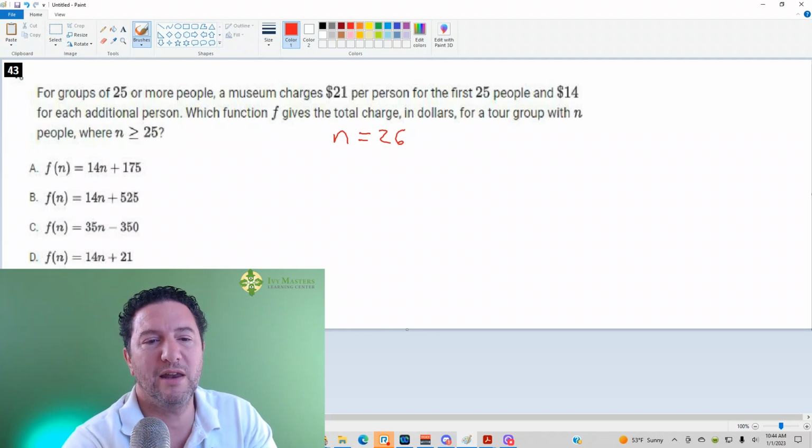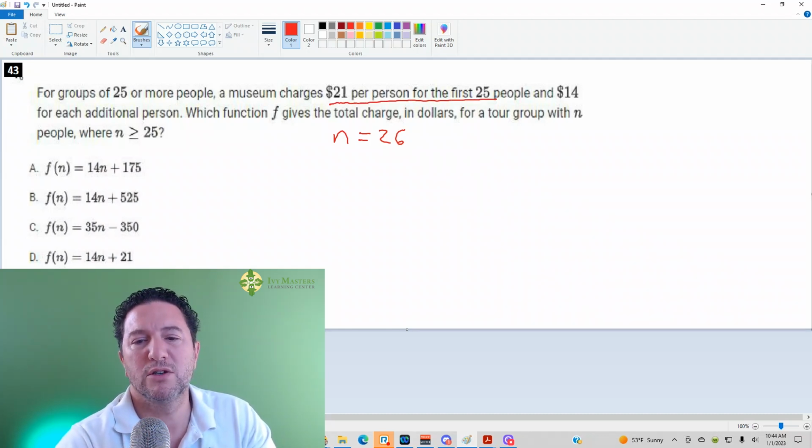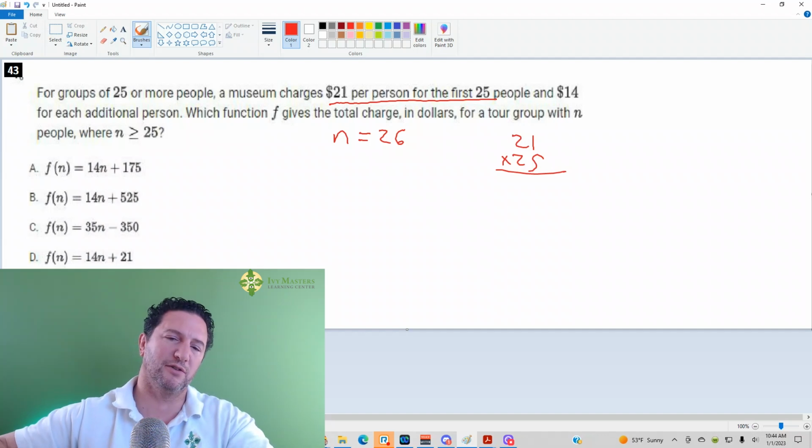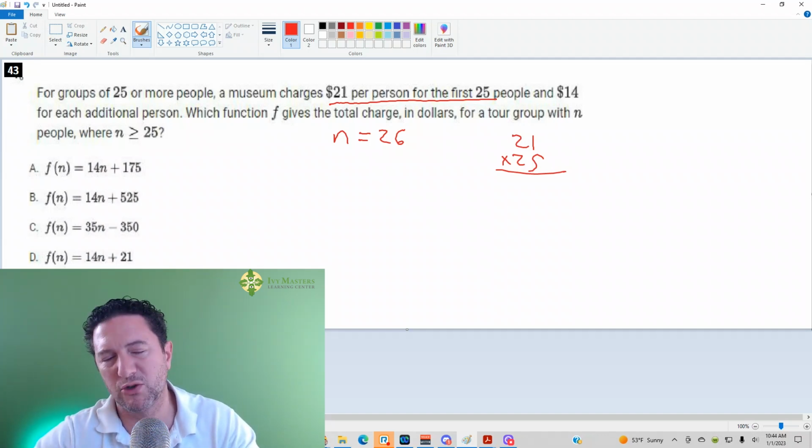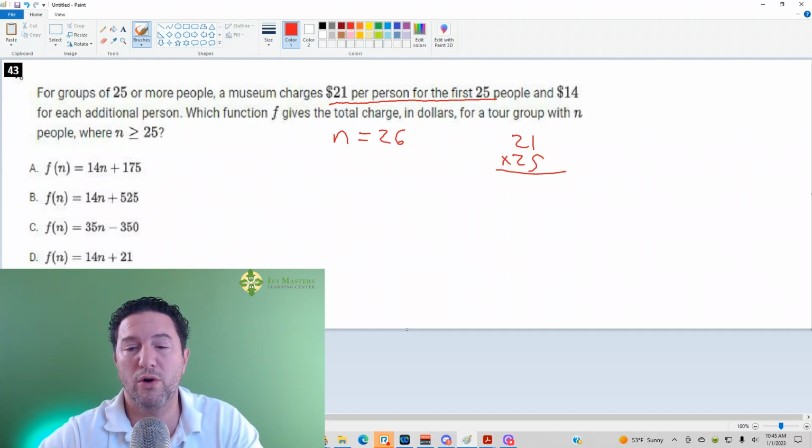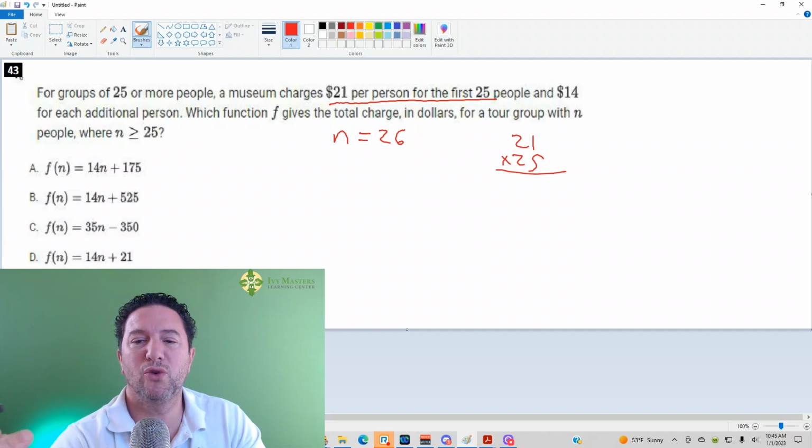And so what we've got is $21 per person for the first 25 people. So if you did 21 times 25, now whenever you have your Desmos calculator, just use it, but anytime you're multiplying by 25, think in terms of quarters. If you had 21 quarters, how much money would you have?